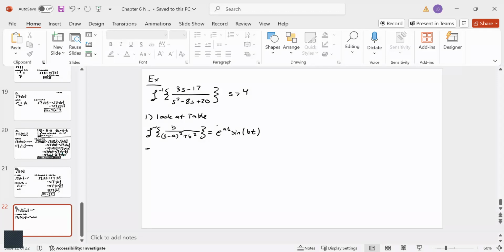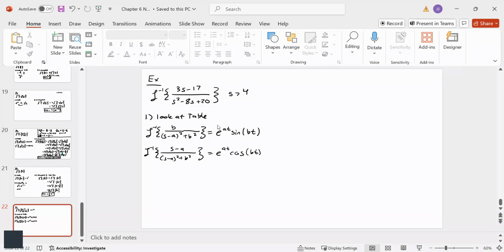And then the inverse Laplace of s minus a over s minus a squared plus b squared is equal to e to the at cosine of bt. Notice that sine is kind of nice in that it just needs a number, whereas cosine, they want more from you. They want a letter. So just something to think about.